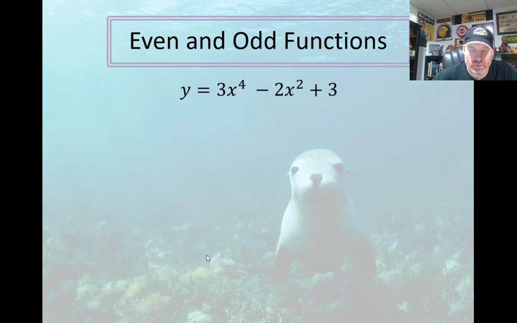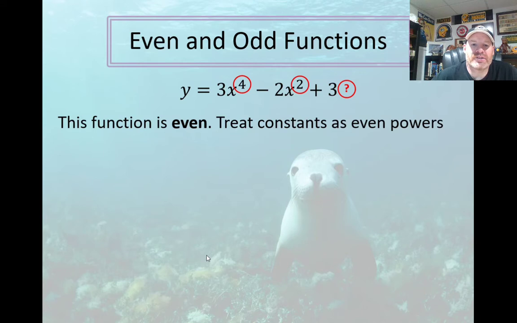So here's our first one. y equals 3x to the fourth minus 2x squared plus 3. What are the powers on those? We have a 4, we have a 2, and then we have, I don't know what. This function is even because when you don't have an x value, that itself is even.